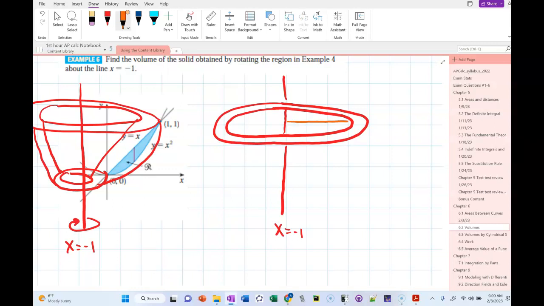So that's my inner radius, and this would be my outer radius. Everybody's okay with that? Since we're rotating around a vertical axis, we're probably going to be integrating with respect to y. So I want to write my area function as A of y.